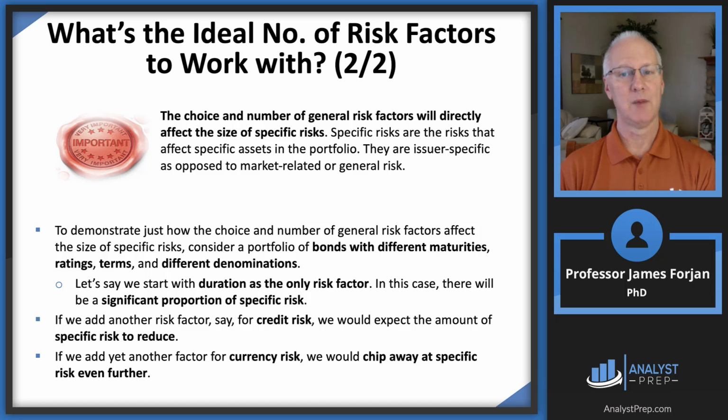Now, the choice and number of these general risk factors will directly affect the size of those specific risks. Let's go back to my example that I talked about just a few slides ago. Look at that first bullet point. Bonds: we have a portfolio of bonds with different maturities, different ratings, different terms, and different denominations. If we start with one risk factor, what did I say earlier? Duration sounds like a good place to start.